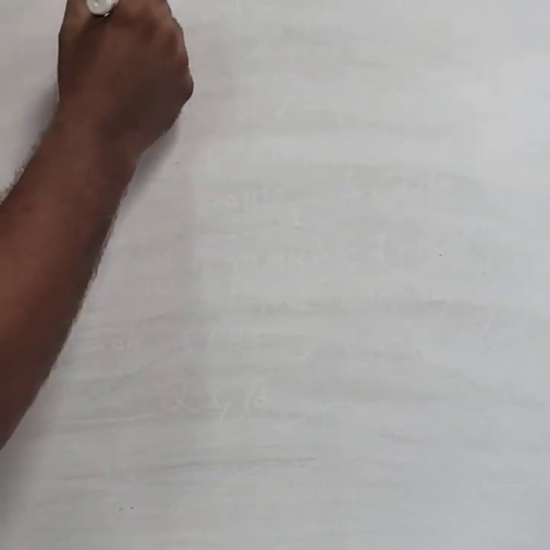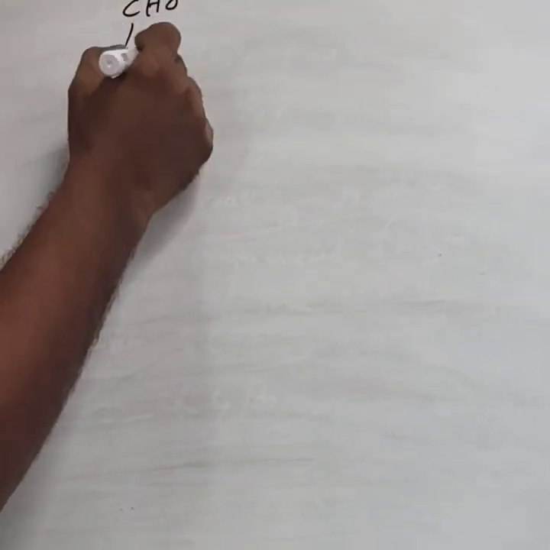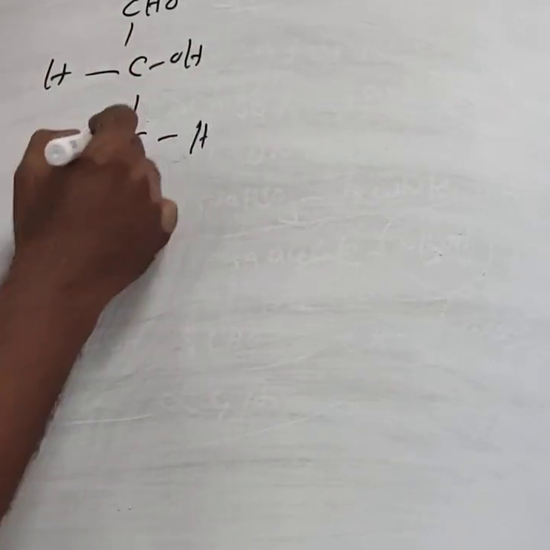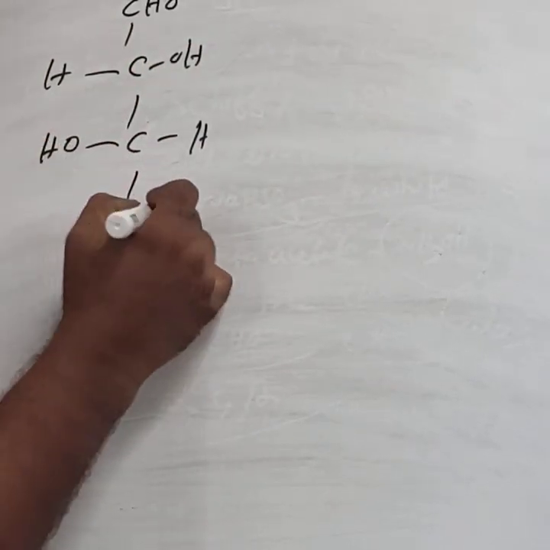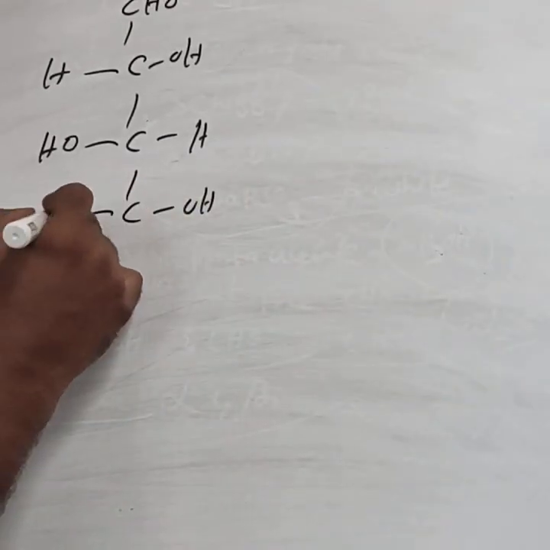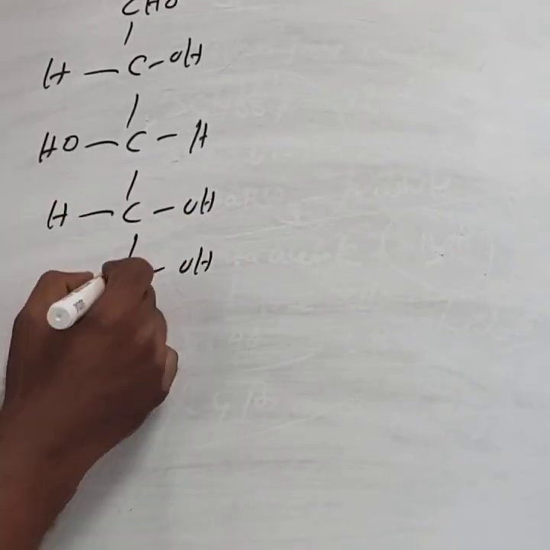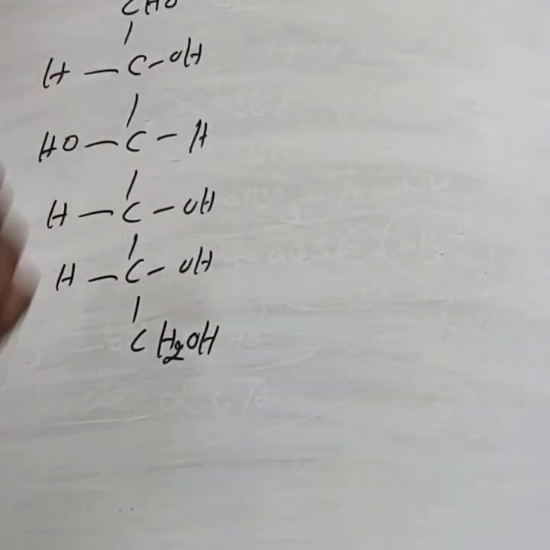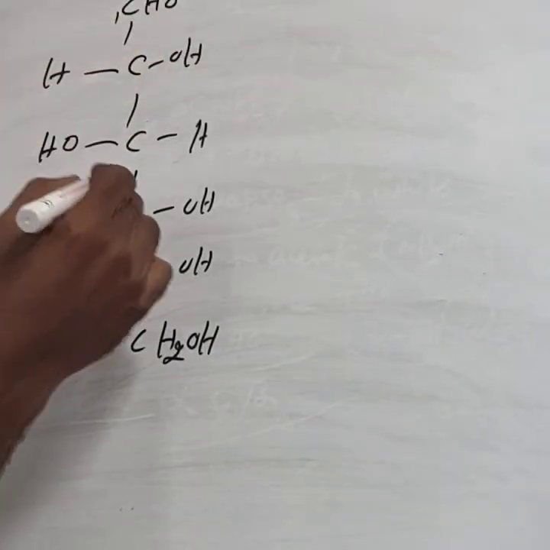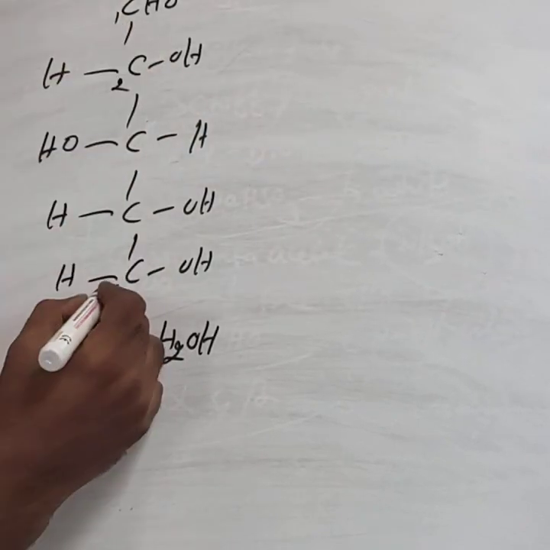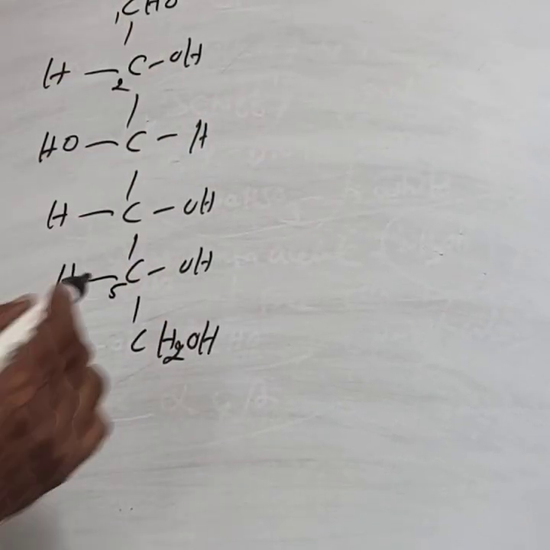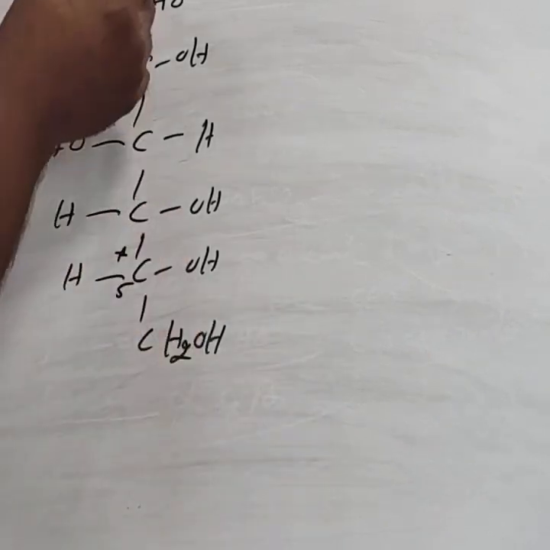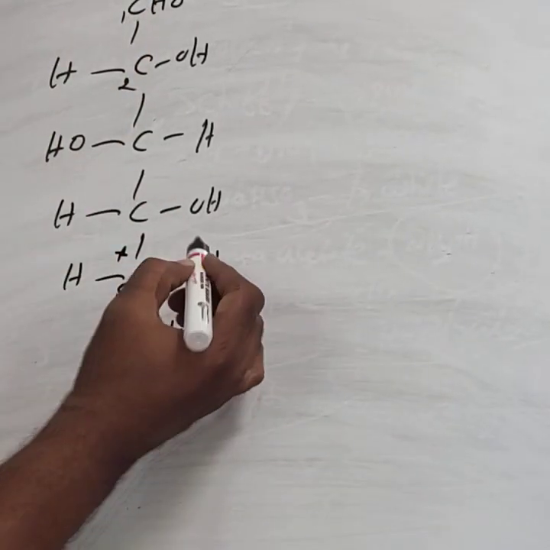First consider the open chain structure of glucose. CHO, CHOH, then CHOH, CHOH, CH2OH. This is the CHO, and consider the numbers 1 up to 5. We mentioned that the fifth carbon atom OH and CHO group form the CHOH.